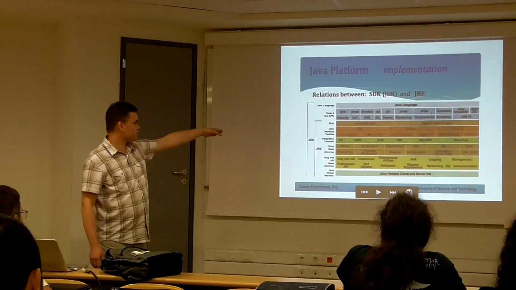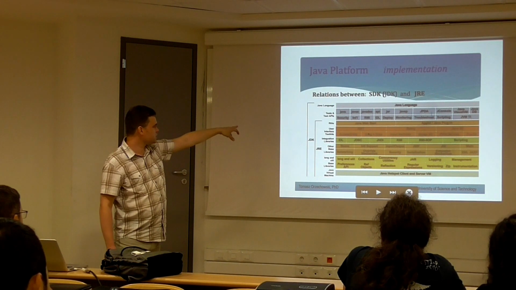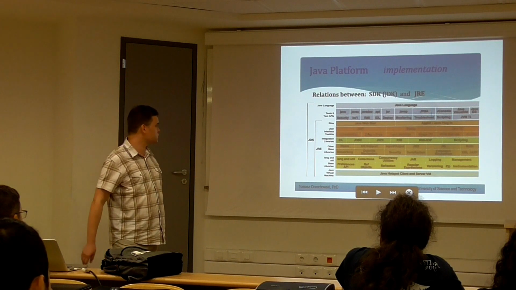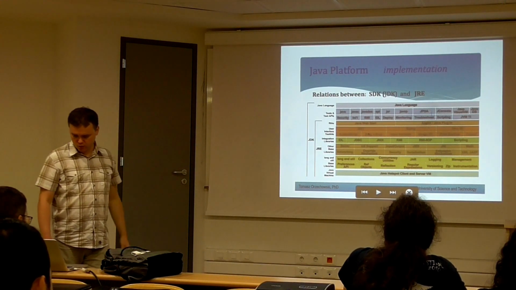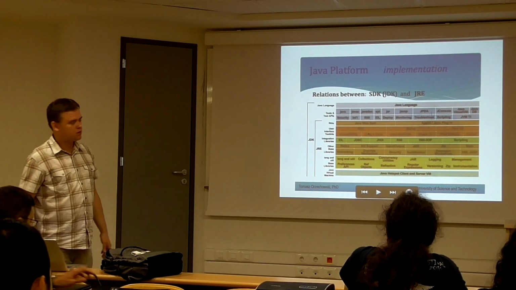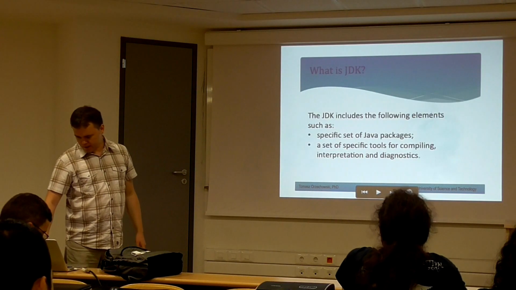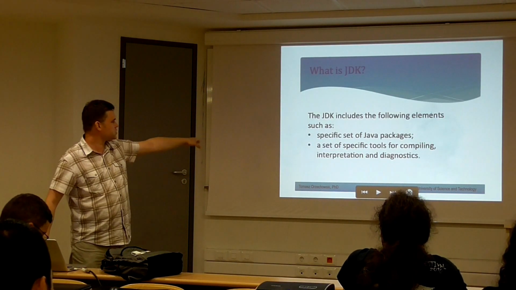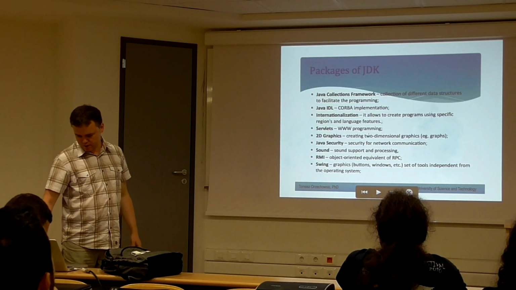Some elements like IDL, I talked about it previously. RMI for remote method invocation, also for distributed programming, etc. So many different tools for you if you want to create some programs in Java. Okay, so to summarize: specific Java packages, some tools for compiling, etc. Diagnostic, debugging.